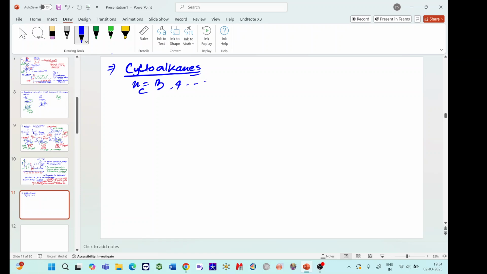Minimum you need 3 carbon. You can start from cyclopropane, cyclobutane, cyclopentane, then cyclohexane, then cycloheptane, and so on and so forth. You can go all the way.